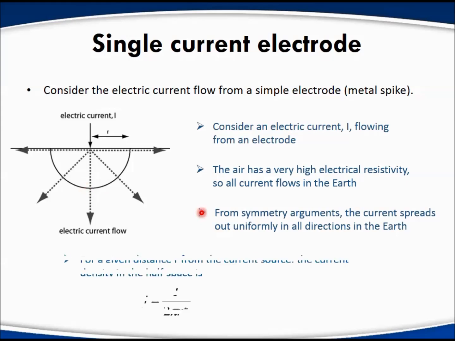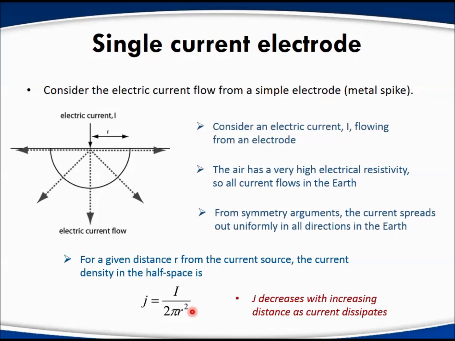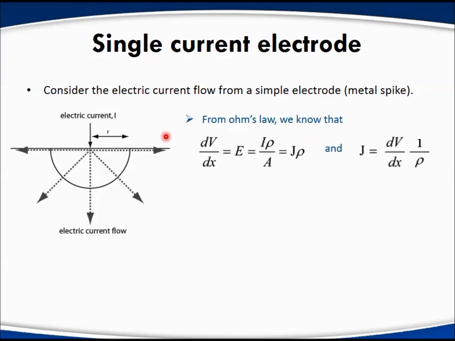At a distance r from the electrode, the shell has a surface area of 2 pi r squared, because it is a hemisphere propagation now, rather than the sphere we were talking about in the slides before. So the current density J is given by I over 2 pi r squared. It is still the same, where J will decrease with increasing distance as the current dissipates.